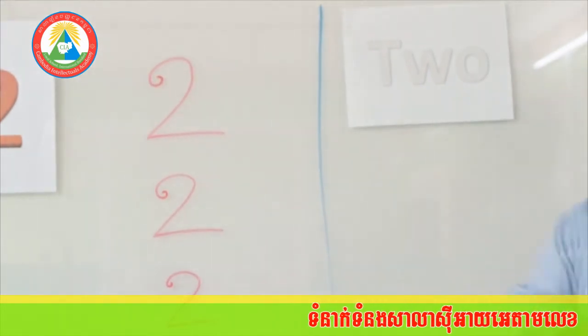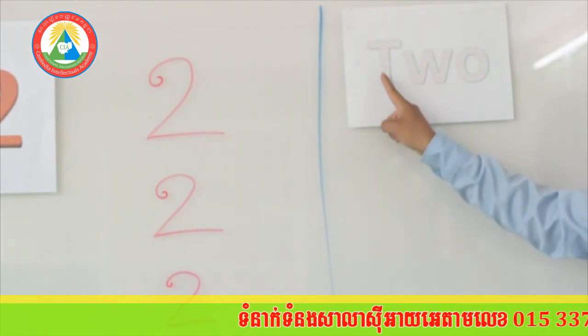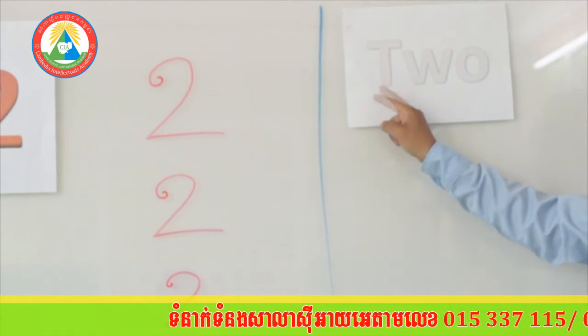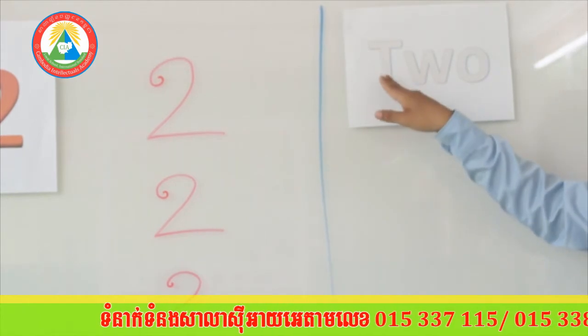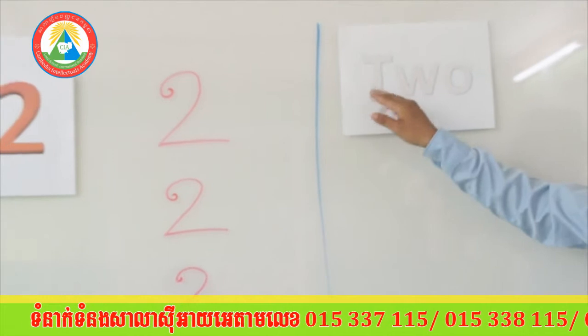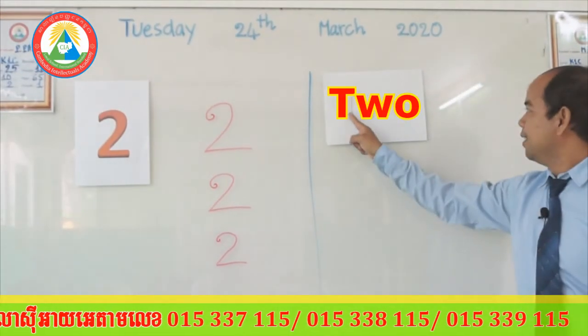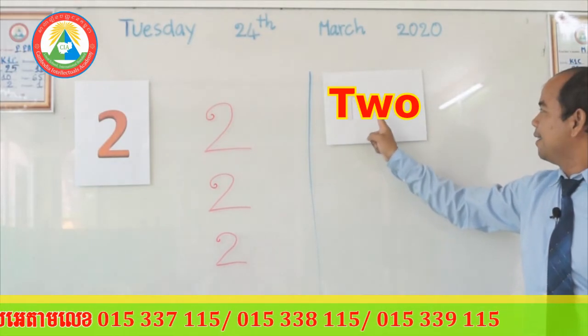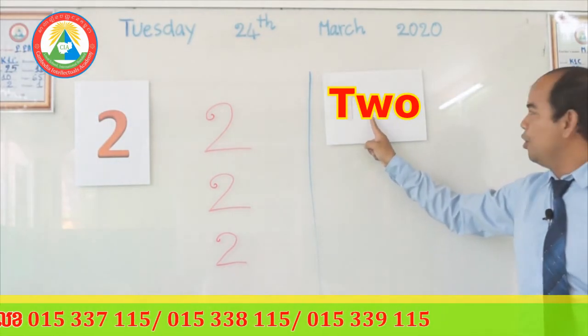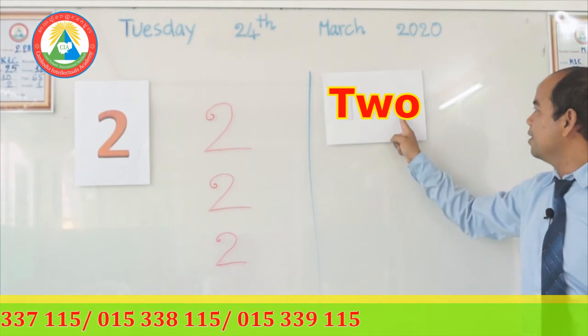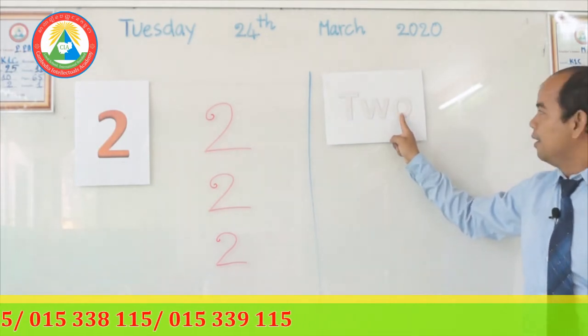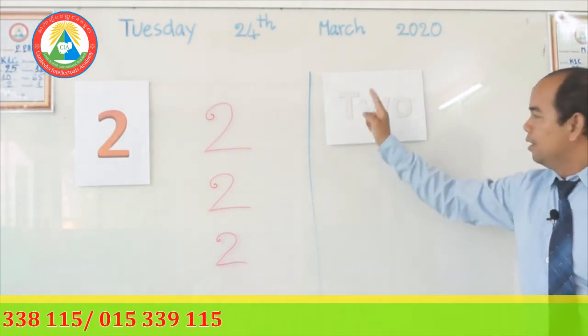So when we write number 2 in word, the first letter starts with consonant T. T, and next W, and the last letter is letter O. I point it again.